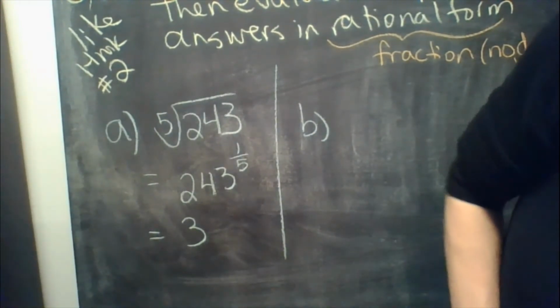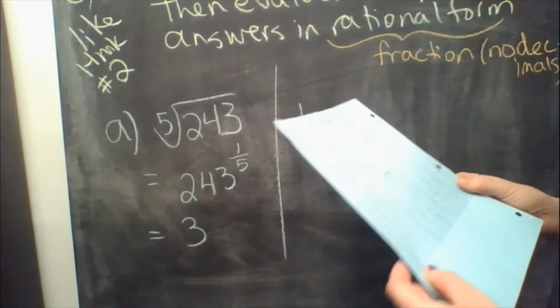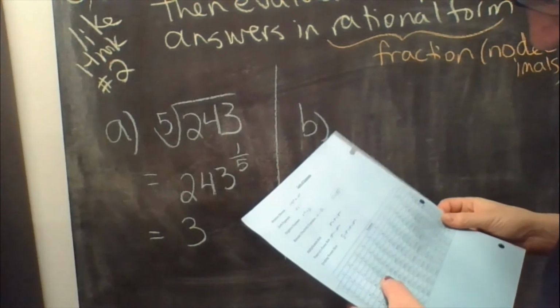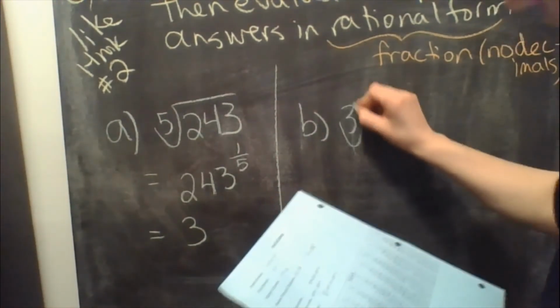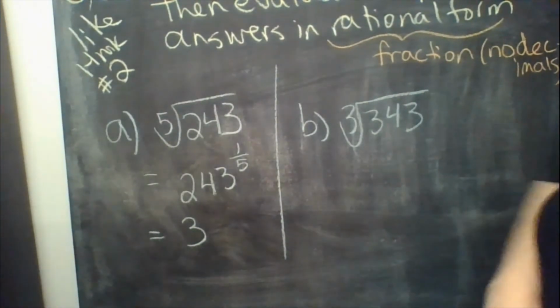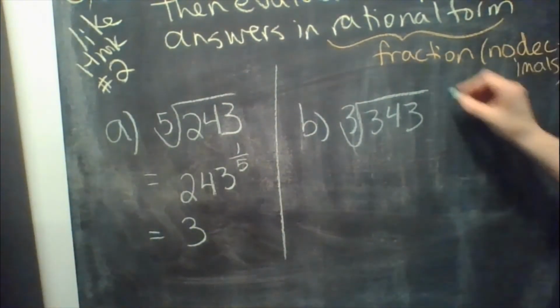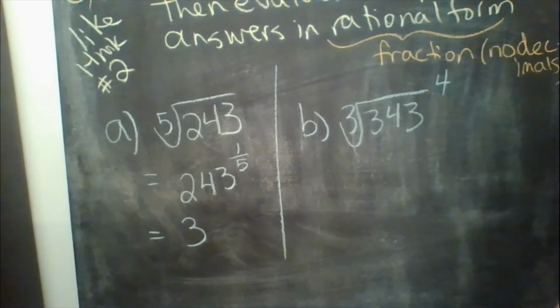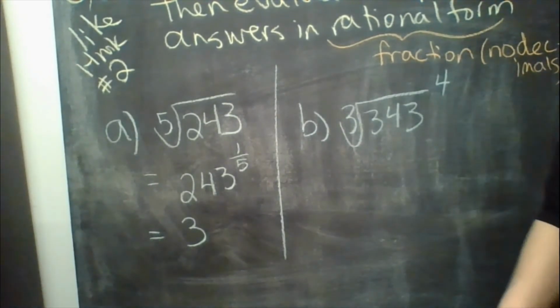How's about we do the 3rd root of 343, and that's all to the exponent 4. Sure, why not? Well, I got a lot of 3's and 4's in that one.